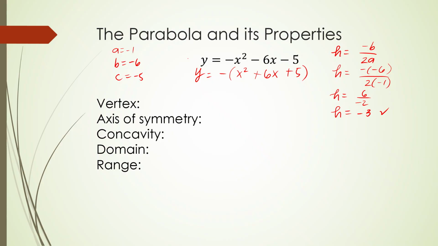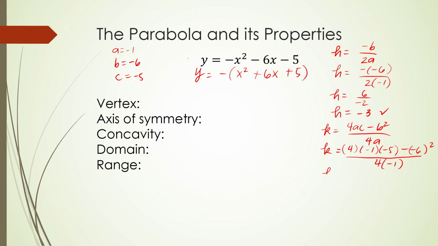For k, we have 4ac minus b squared over 4a. If you simplify this, this will become 4 times -1 times -5 minus -6 squared over 4 times -1.